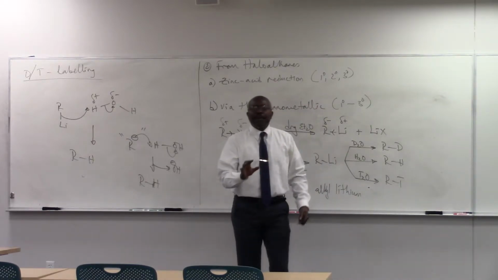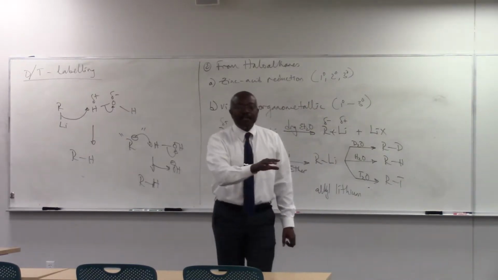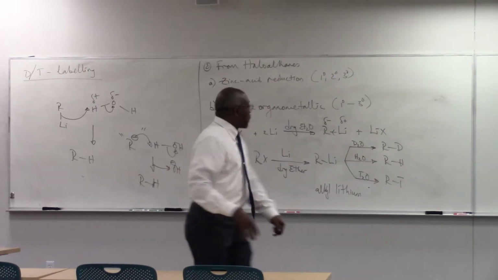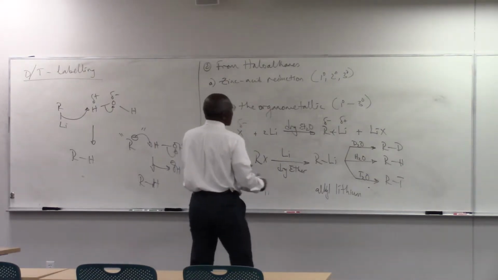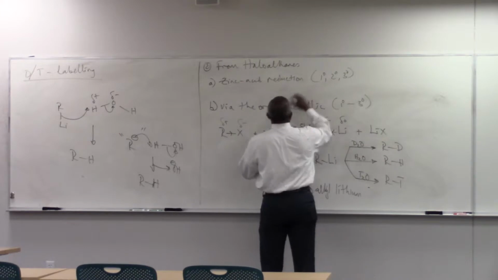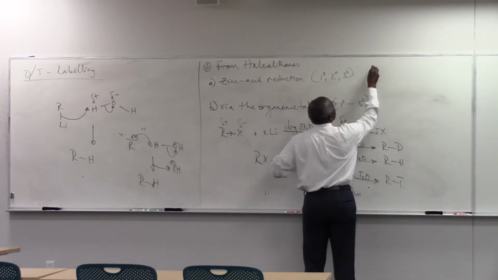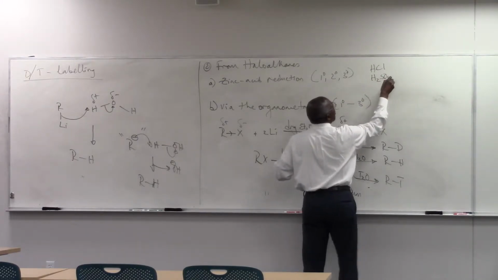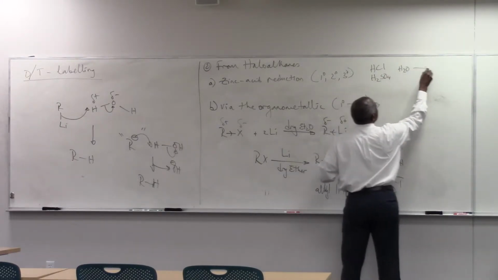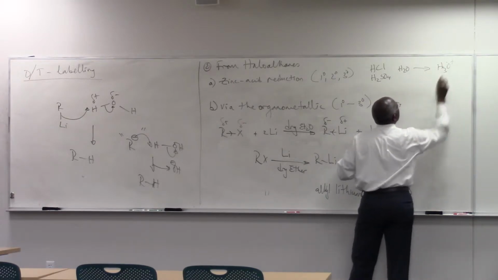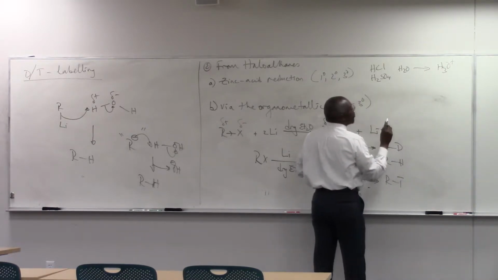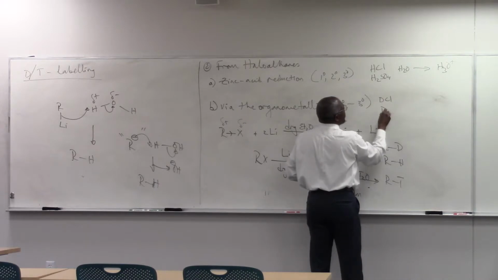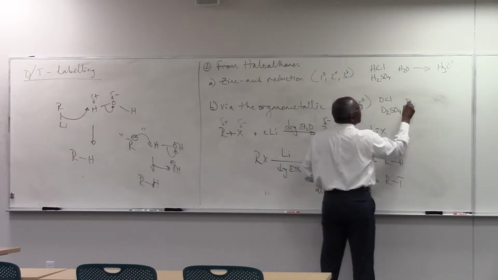Again, any compound that H can form, D can form, and T can form. So, for example, maybe I didn't mention this up here, but with the zinc acid reduction, how do I make H3O+? I'll dissolve HCl or H2SO4 in H2O, and that gives me H3O+. If I want to make D3O+, I'll dissolve DCl or D2SO4 in D2O.